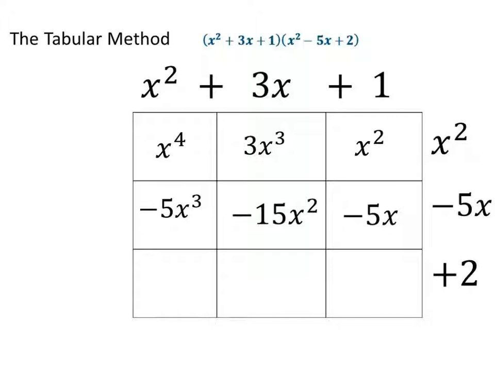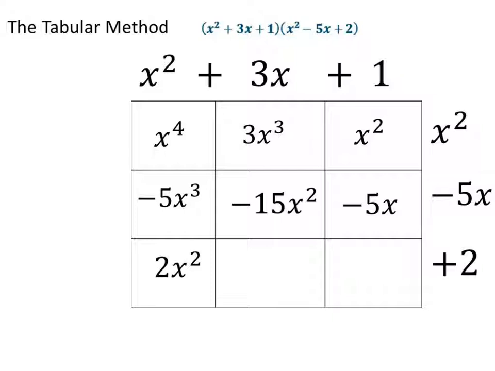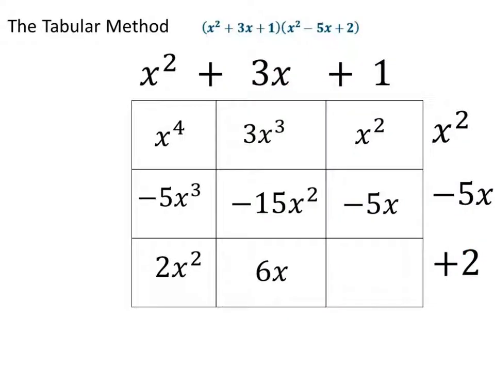Now we go to the next one. We do this 1 that's up here, 1 times 2, and then 2x squared over here. To the next one, this 3x times 2 is 6x over here. To the last one, 1 times 2, which is 2 over here.